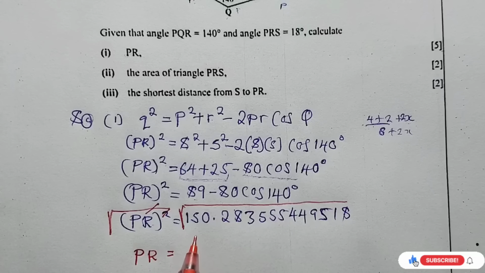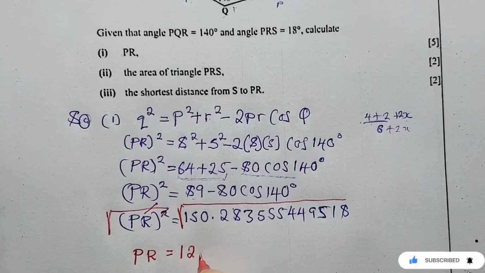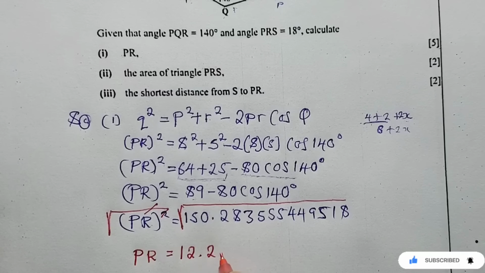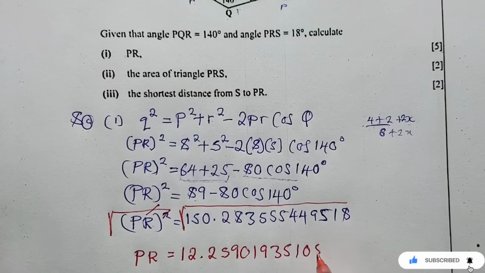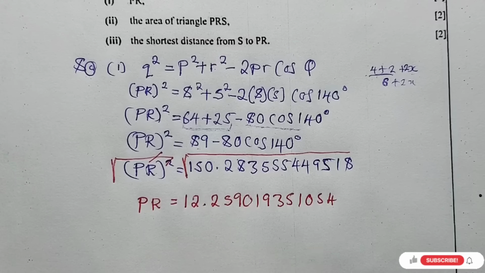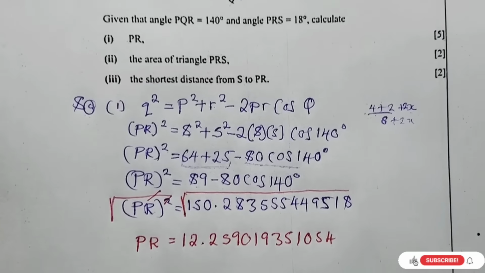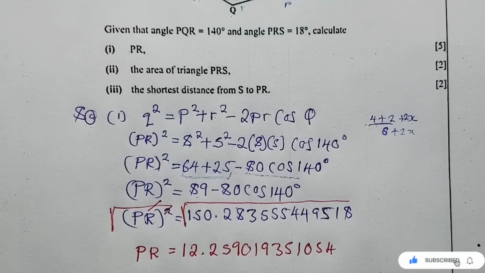The square root of 150 point, this number here, is giving me 12.259019351054. Now, the degree of accuracy is not specified in the question.